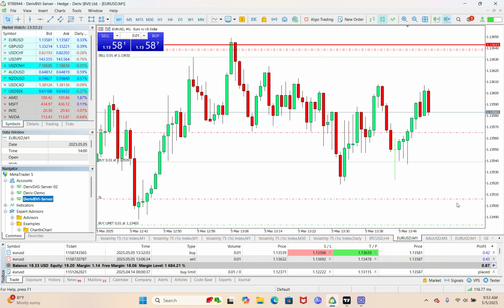Buyers are supported now. Buyers. Sellers. Buyers. Sellers with a push. Sellers again with a big move. Buyers are holding.